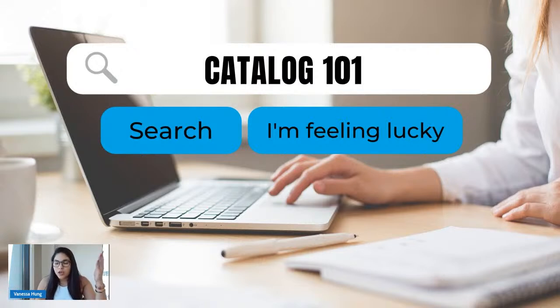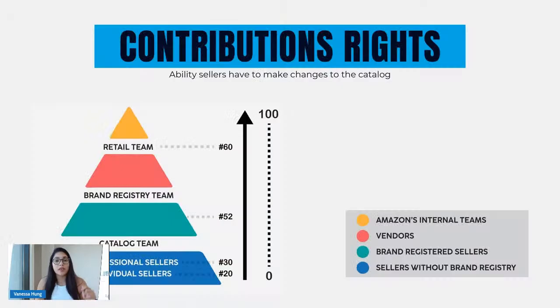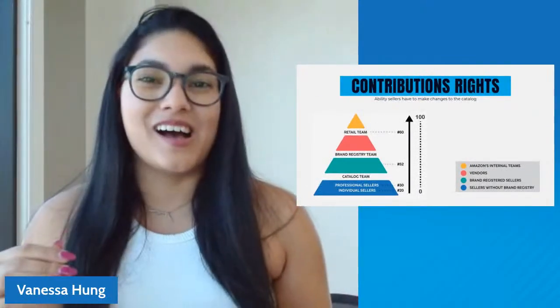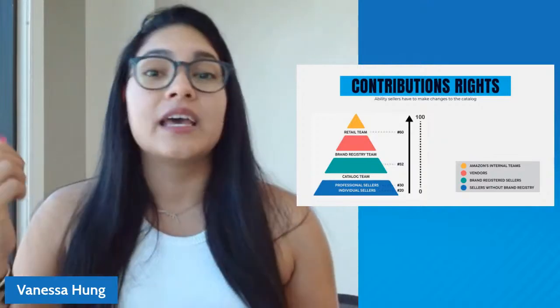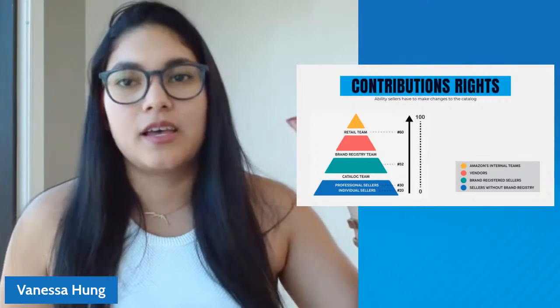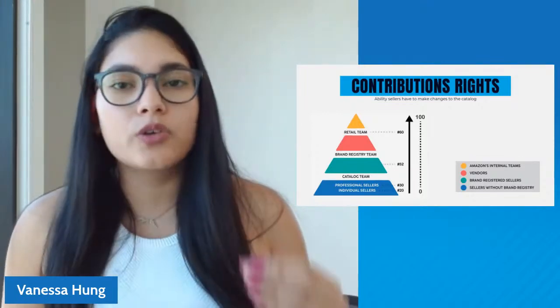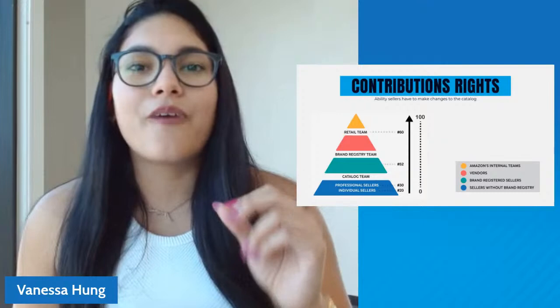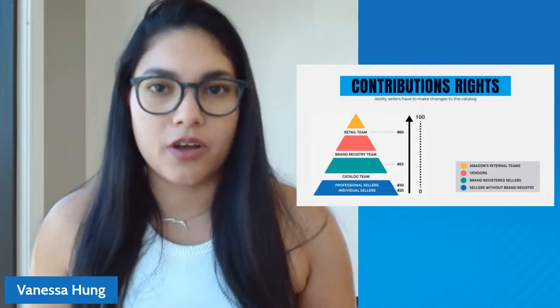Okay, so for Catalog 101, I need to start with the contribution rights pyramid. Yay! I guess some of you have already seen me talking about this in different podcasts and webinars, but this is the most fundamental principle of every single issue that you face in your catalog.